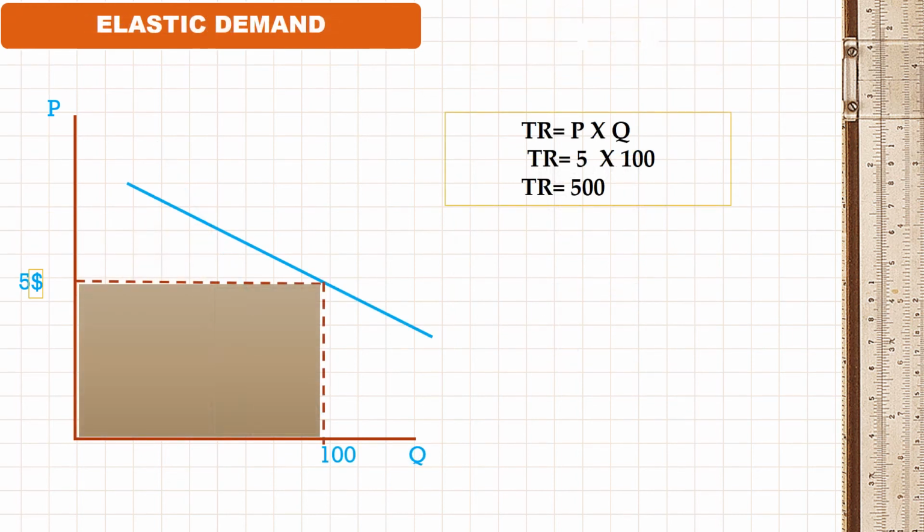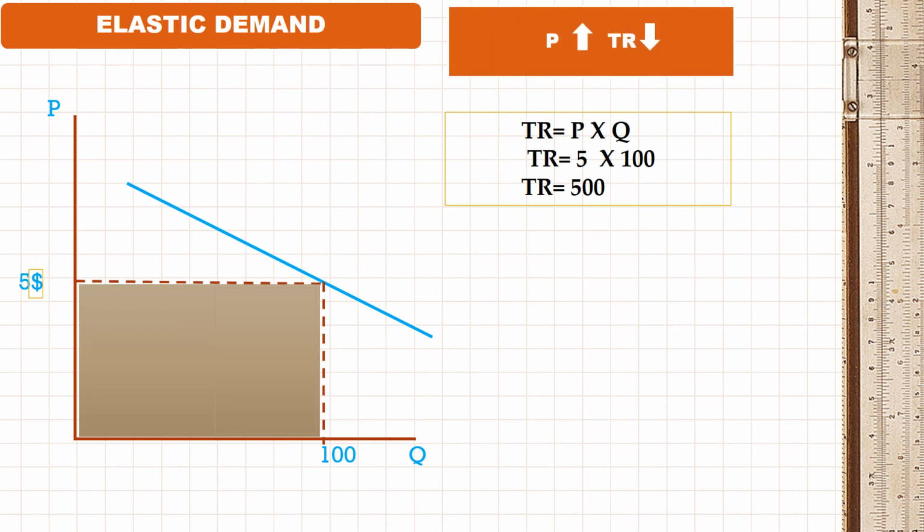For the case of elastic demand, price and total revenue move in opposite directions, as in when price rises, total revenue falls, and when price decreases, total revenue rises. That's because of the nature of commodities.